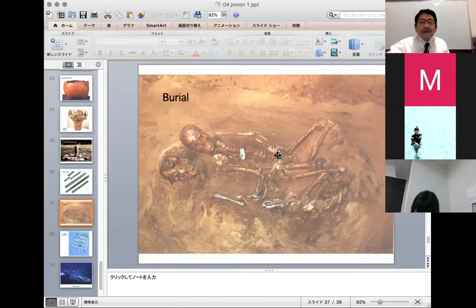You only find bones or maybe pottery or something like that. But rarely you would find this kind of very specific type of burial. And what were they? What was she? That's the question. And yeah, we'll talk about that later too.